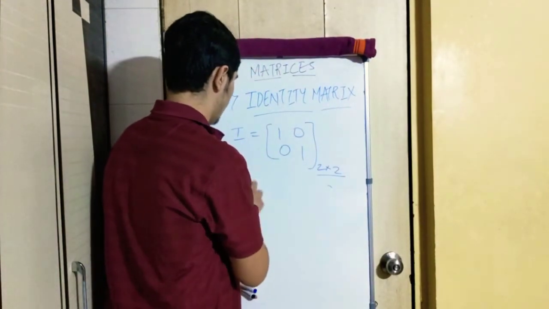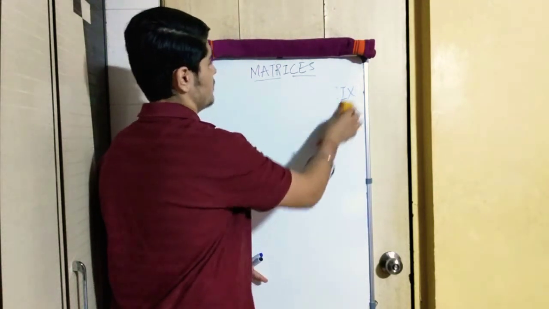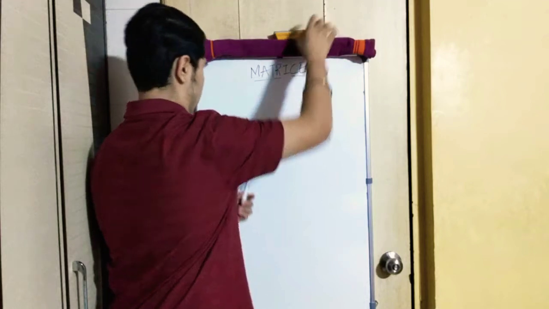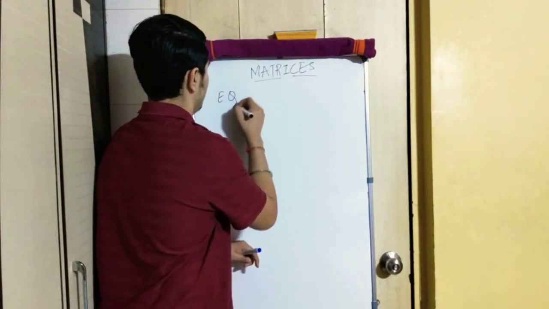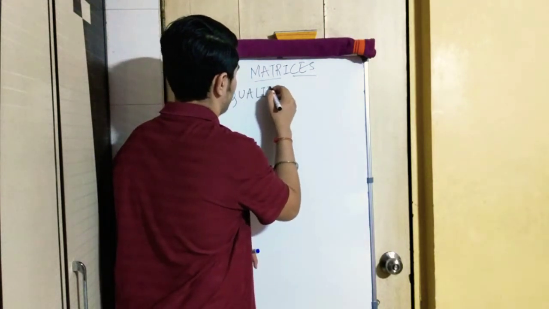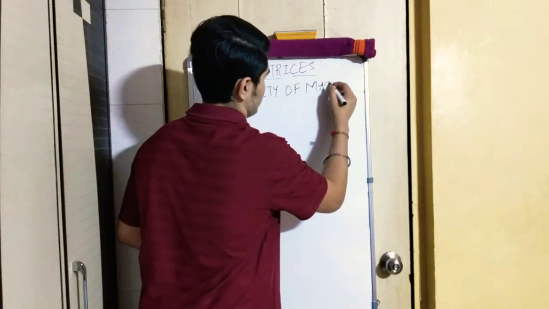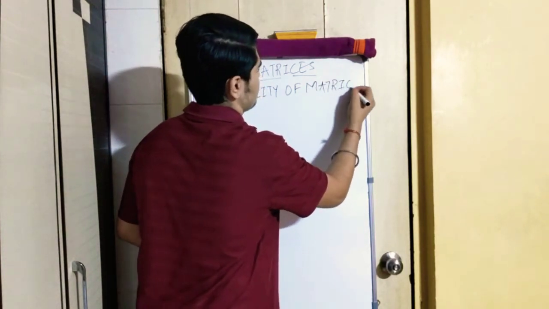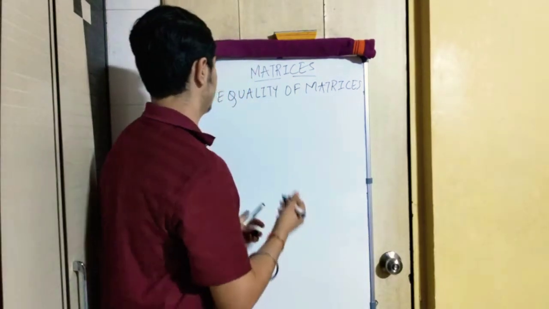Now we are going to learn equality of matrices. That's a small topic. After that we will start with the exercise. So, equality of matrices. What does equality of matrices mean?